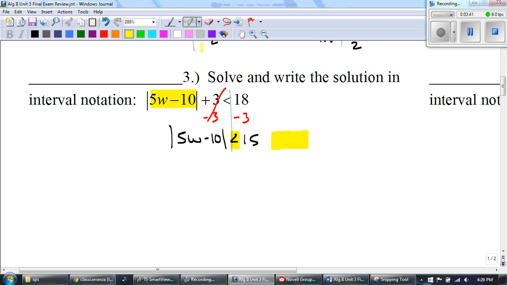When I look at that, that is the less than, and we said less than is and. So when we solve this, I put the 5w minus 10 in the middle, less than 15. I'm using the same symbol both times, but one time it's positive, the other time it's negative.